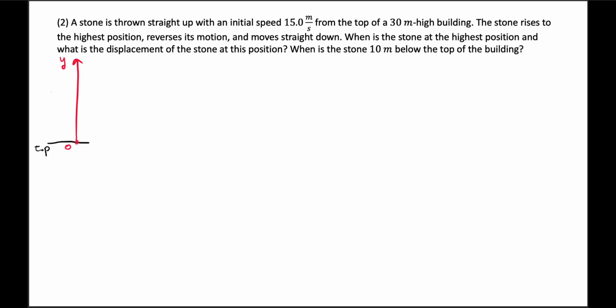Now with that, I can write down the initial condition. So t equals 0. The position will be 0 here, and then the velocity will be positive 15 meters per second, right? Because it's upward, so it's positive. That's this velocity.